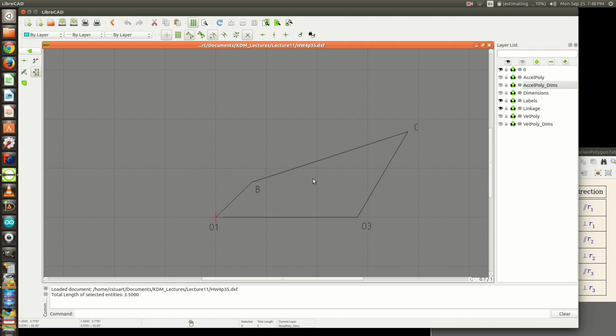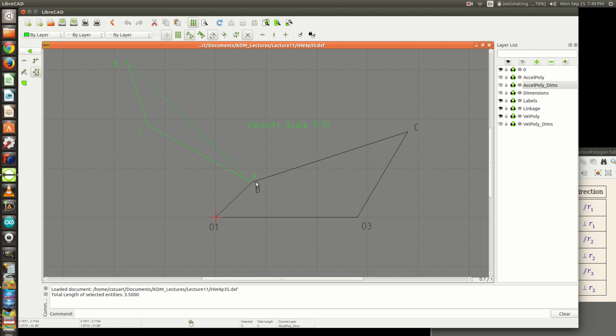For instance, the relative velocity of point B with respect to the fixed frame is perpendicular to the straight line between them. The relative velocity of C with respect to B is perpendicular to the straight line between them. And the relative velocity of C with respect to the fixed frame is perpendicular to the straight line between them. That leads us to create a velocity polygon that looks like this.